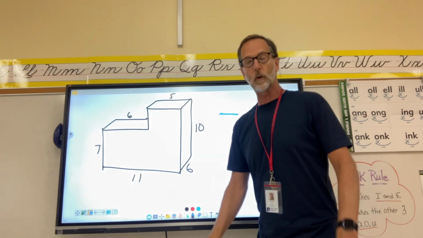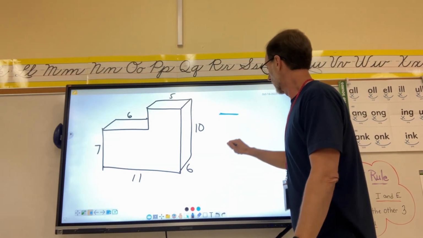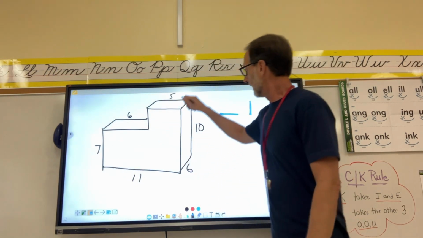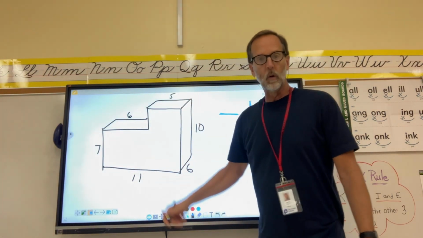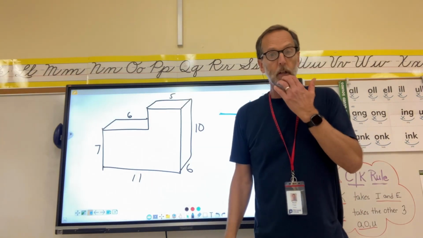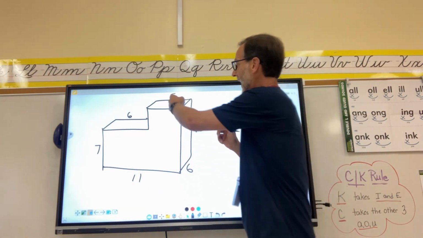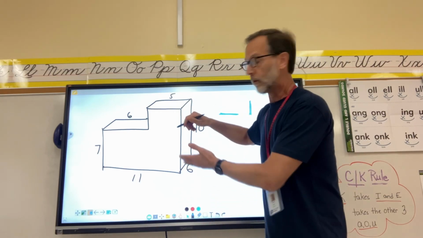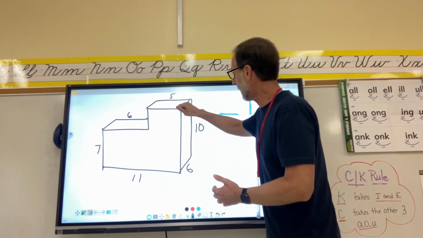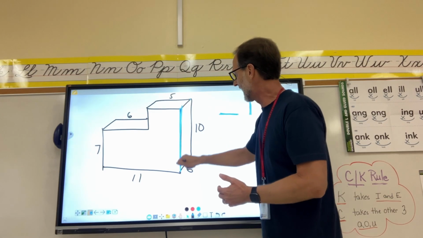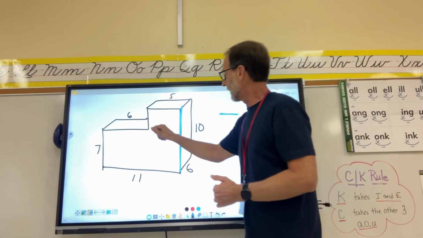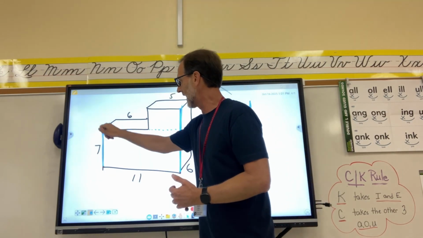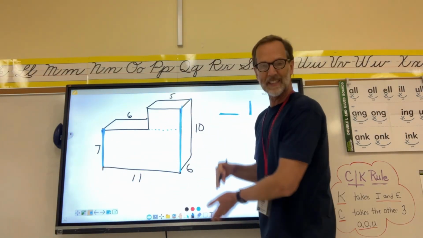All right, now let's look at our verticals. This is 7, this is 10, that one's not labeled. What are we going to do? We've got to be able to figure out what that one's going to be. How do we do it? We're going to do it like this. I know the long one here, from top to bottom, is 10, okay? If I were to cut this like this, this much of the 10 is 7.